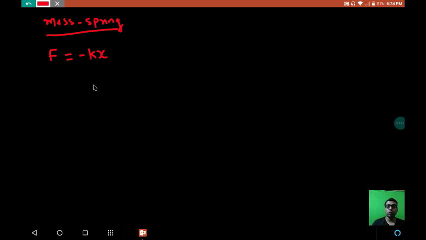But here the term used is the damping constant, so we also add minus bv, where v is the velocity.